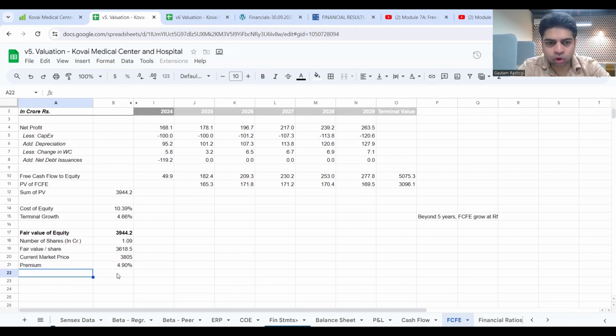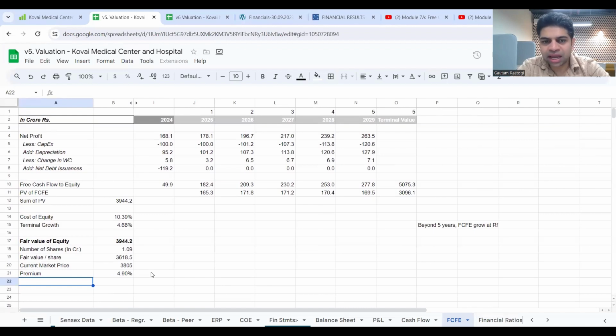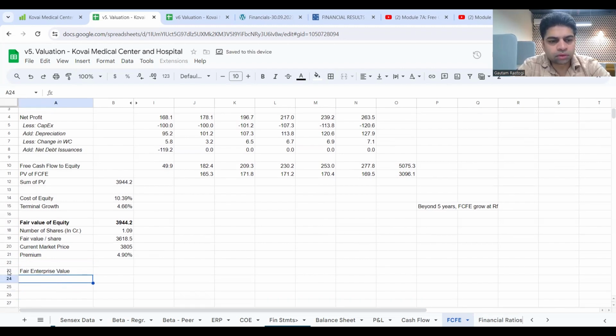Now let's also estimate the enterprise value as well. How do you estimate the fair enterprise value? So here's what you need to do.